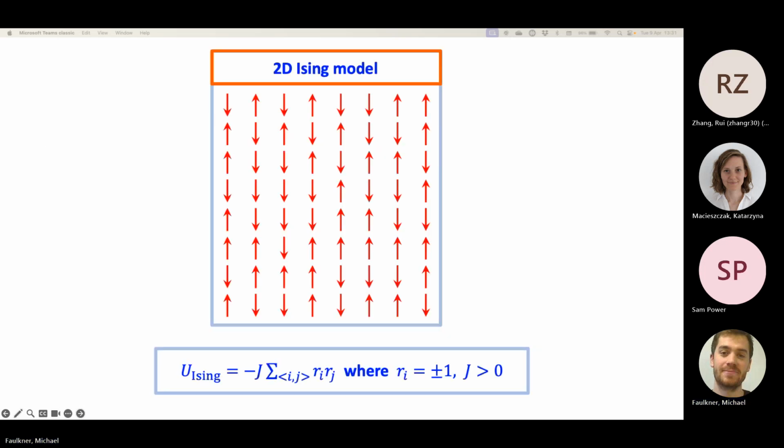Stop me at any point if you need any extra pointers. This is the plot I showed you before. We have a lattice array of up-down spins fixed at the sites of this periodic square lattice. And then the interaction potential U Ising is just negative J, where J is just some positive real-valued variable.